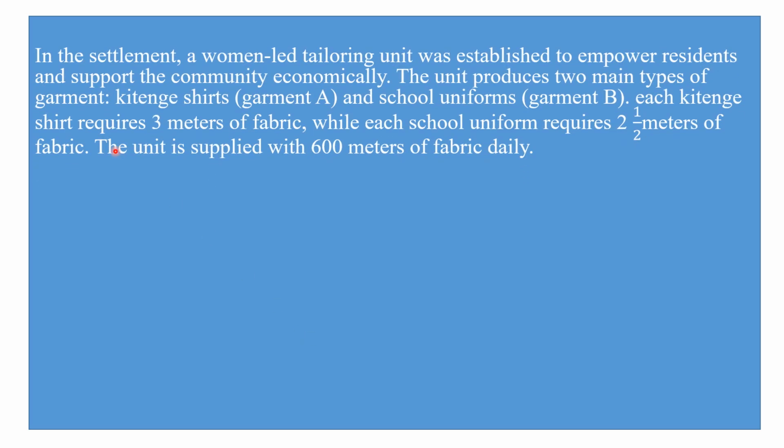And we have our example 1, and it reads that in the settlement, a woman-led tailoring unit was established to empower residents and support the community economically. The unit produces two main types of garments: change shirts, garment A, and school uniforms, garment B. Each change shirt requires 3 meters of fabric, while each school uniform requires 2.5 meters of fabric.